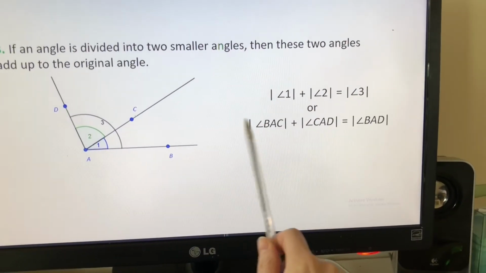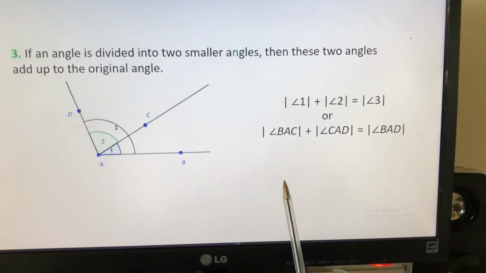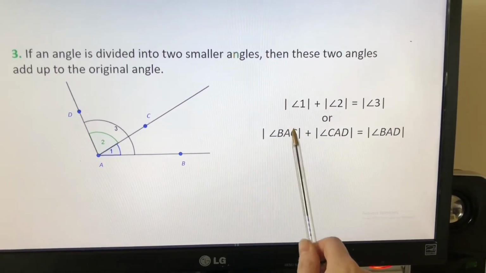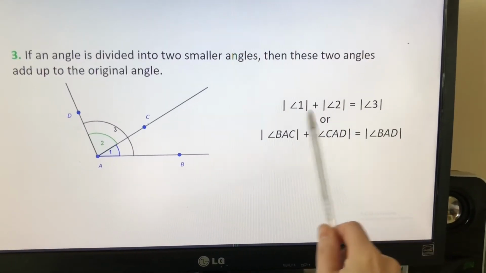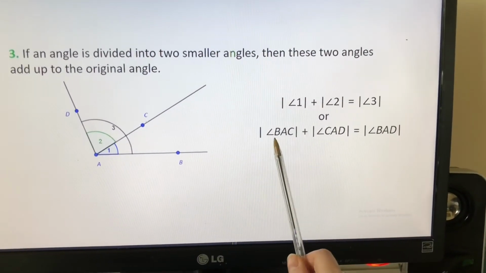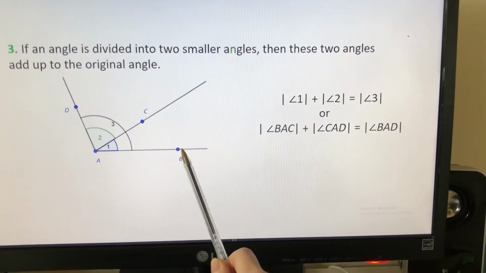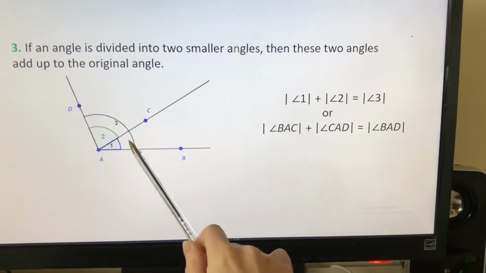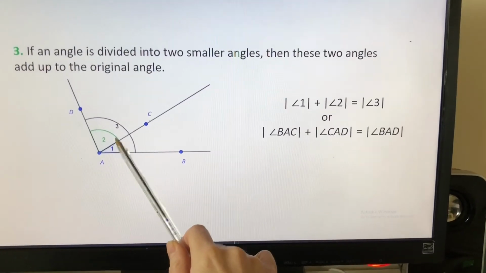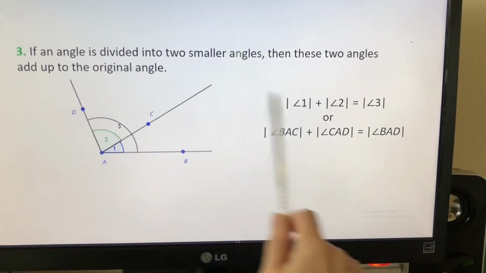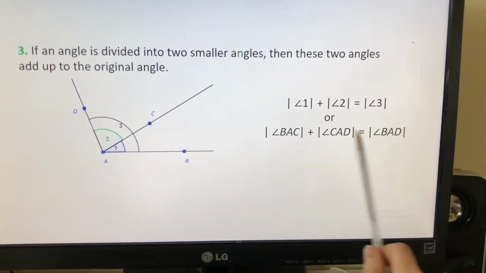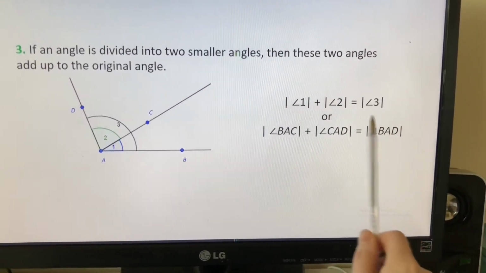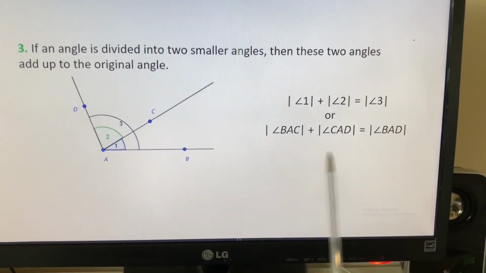And using correct labelling of angles, like you had to practise in the exercise I gave you last lesson, we can say, using the points that these angles create if we take the path that they follow, angle 1 is the same as angle BAC. Angle 2 can also be called angle CAD. And angle 3 can also be called BAD. That's what it would look like if we used that notation of angles.